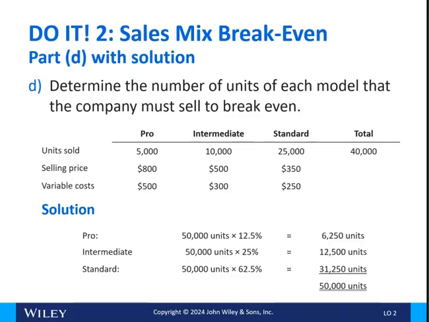Now you may have noticed as we have gone through these examples, one of the assumptions we talked about in Chapter 5 was that we are assuming that the sales mix stays constant. So as we're going through these analyses, we're keeping the sales mix constant.